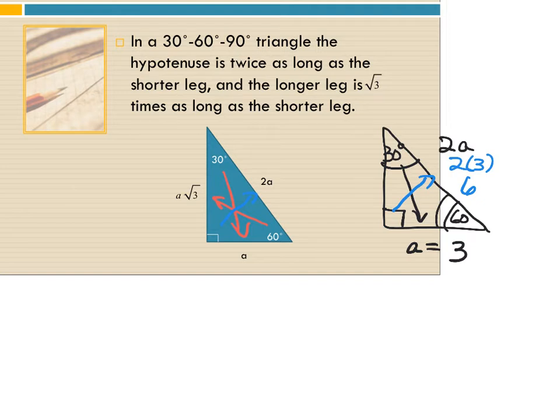And now my side that's across from the 60, recall that is A square root 3. So I take what A equals, and then I put root 3 behind it. So you need to memorize that across from the 30 is A, across from the 60 is A square root 3, and across from the 90, the hypotenuse, is 2 times A.